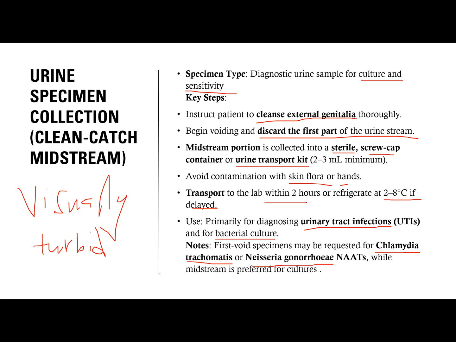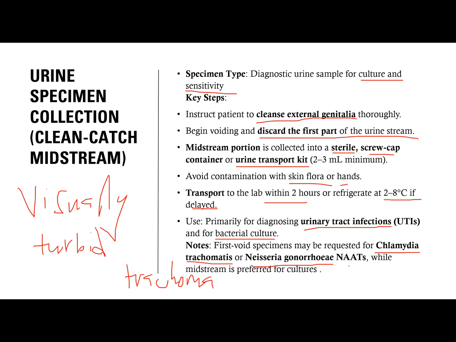Si Chlamydia trachomatis kasi is known to cause a disease or a lesion known as your trachoma. Now, itong trachoma na to, itong lesion na to, usually found to sa genital area. So, pag dumaan yung ihi, yung first part ng ihi, makukuha niya yung bacteria. Makukuha niya yung Chlamydia trachomatis na yun. So, ideal that you would collect the first void part.